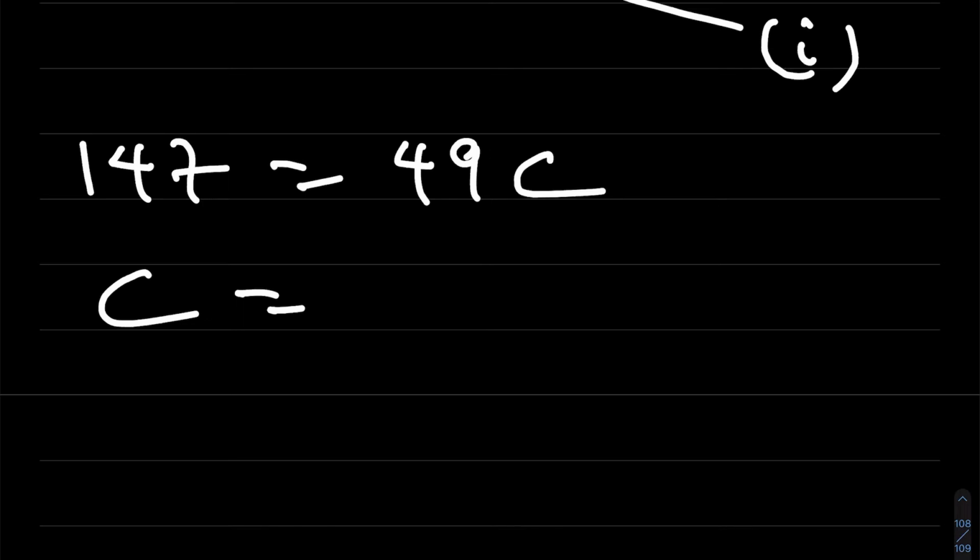I want to write that as a fraction in simplest form. 147 divided by 49 is 3 actually. So c is equal to 3.